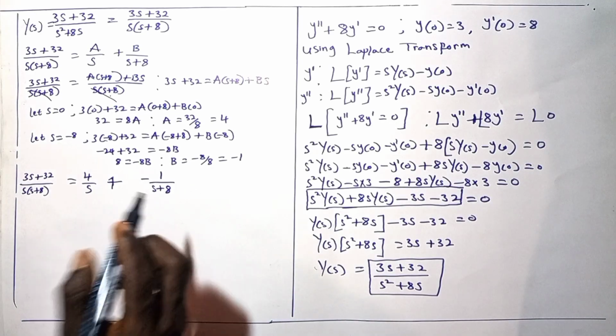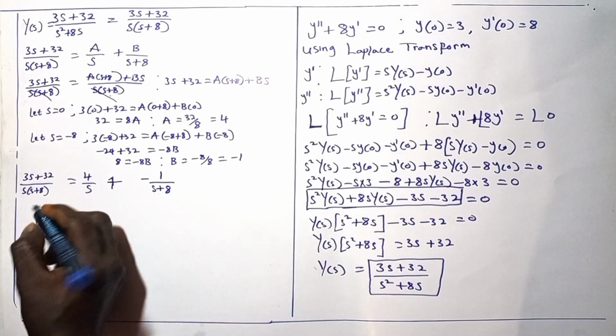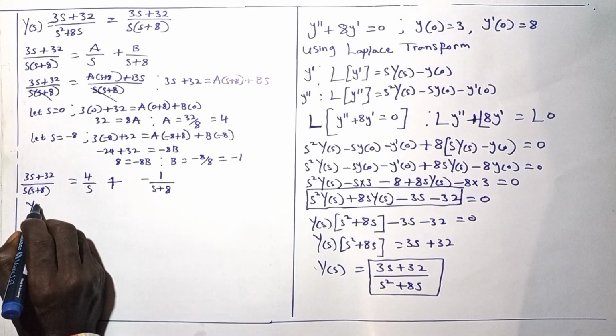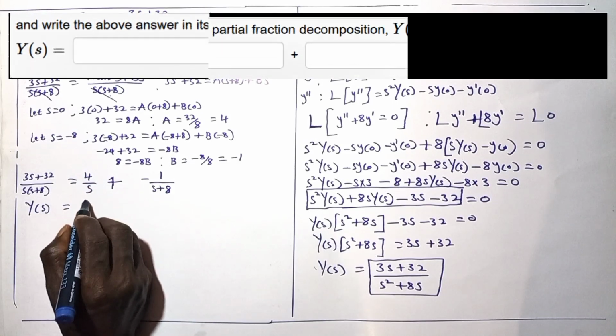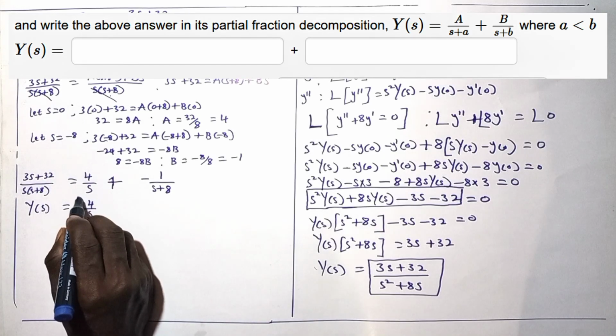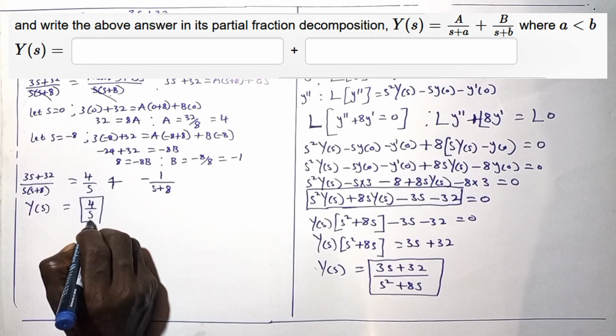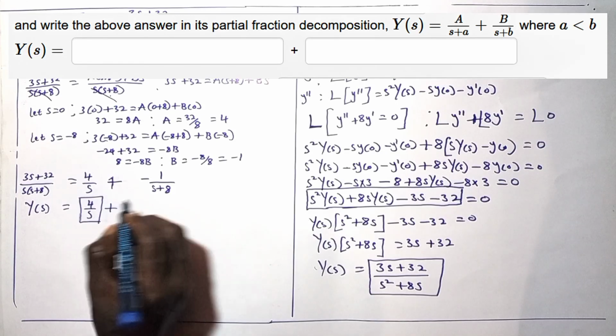So in the second box, sorry, in the third box, they ask us to do this. We just need to insert 4 over s. Don't forget this is s, not 5. Then the plus is given in between.